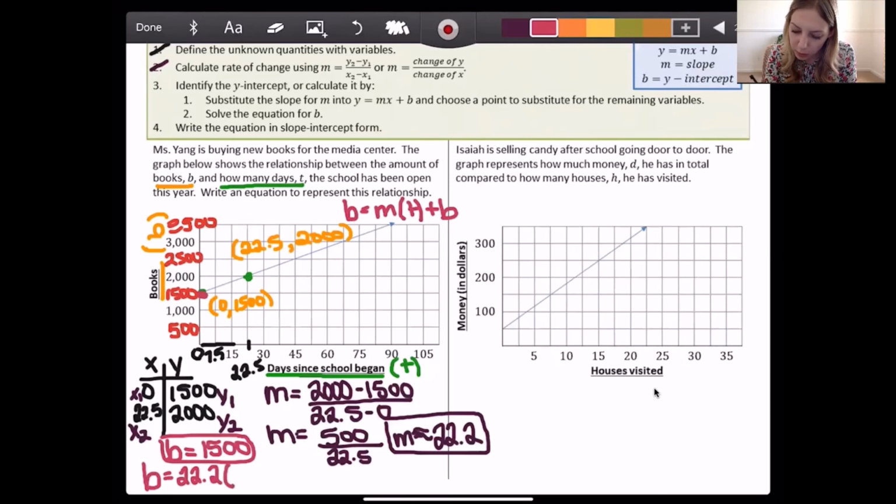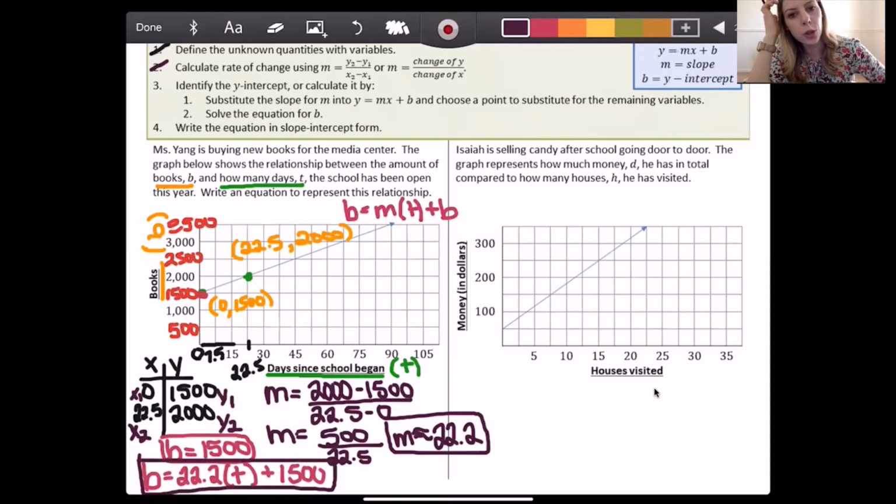We don't know how many days it's been, so times time, plus b, our initial value, which was 1,500. And that is my equation. Okay, I'm gonna have you do your problem on the right and write your equation, and then we're gonna go through and check your work.